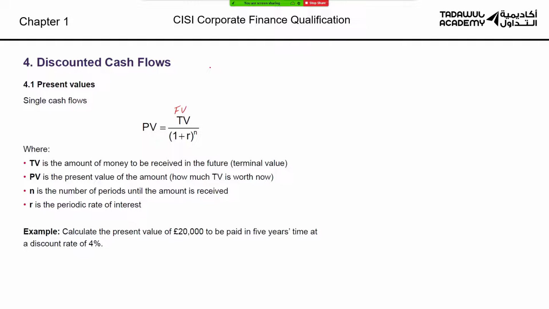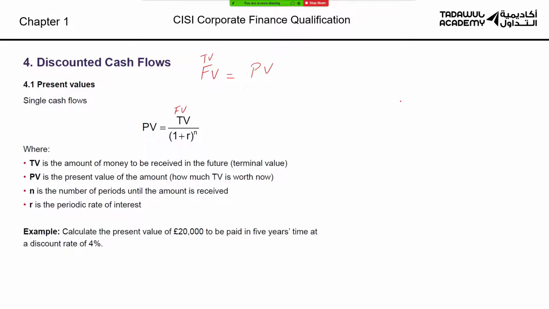So future value of money, think of a deposit. The future value of money, or the terminal value of money, is equal to the present value, what you deposit today.